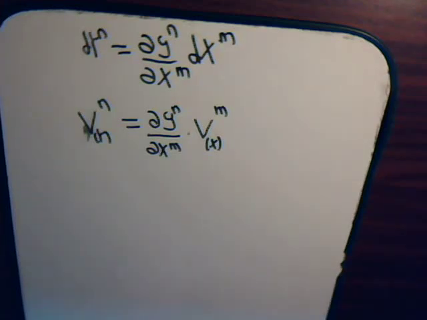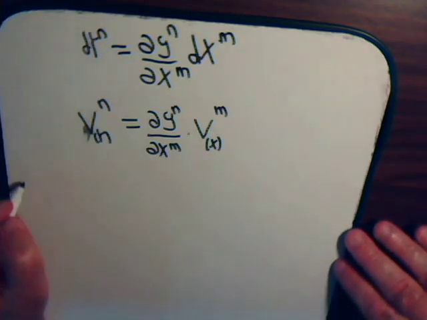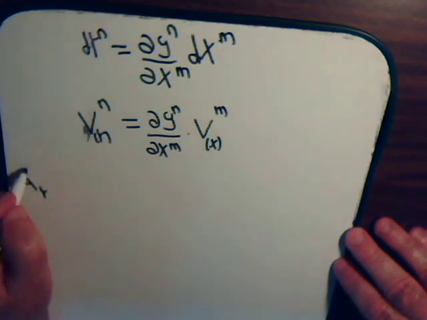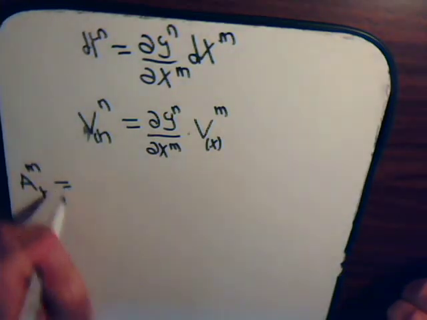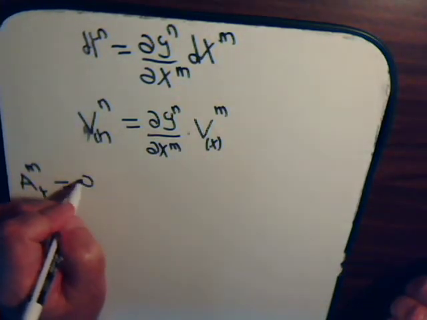Now suppose then that we have two contravariant vectors, say A in the y frame, and we have an nth component. Now that means that it would transform something like this.